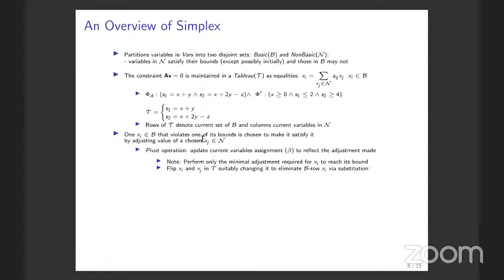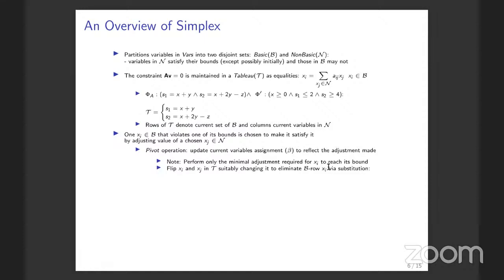Okay, so what it does is it tries to adjust: it picks one of the non-basic variables and sees if it can be increased or decreased to make S2 satisfy the violated bound. And it adjusts it minimally to reach the violated bound.